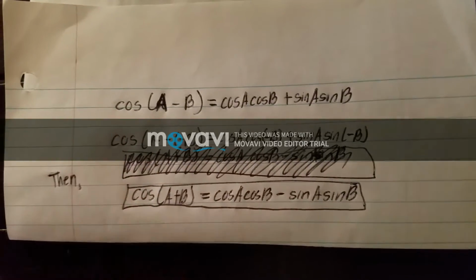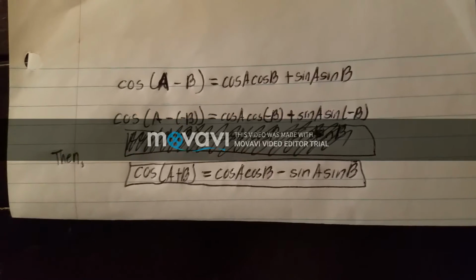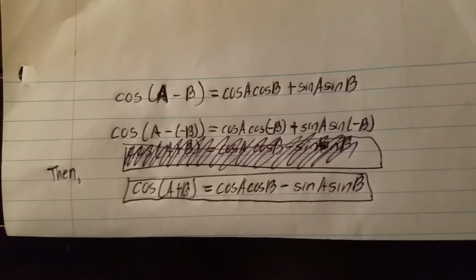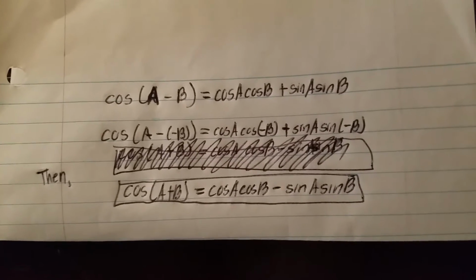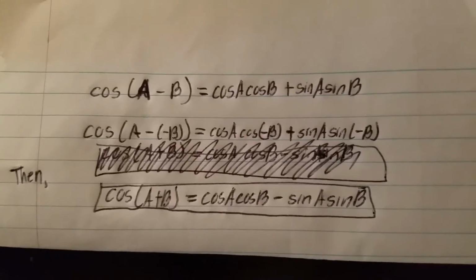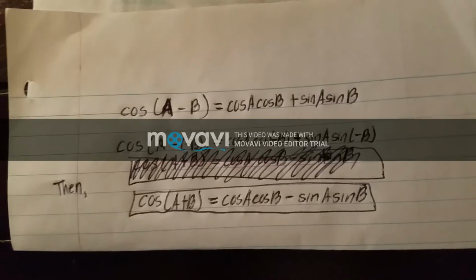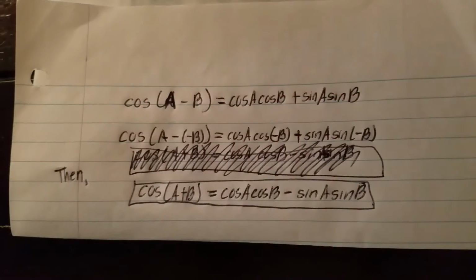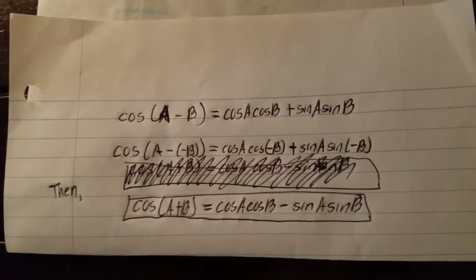From what we got earlier, cosine (A minus B) equals cosine A times cosine B plus sine A times sine B. So with that, we're just going to replace positive B with negative B, so we could get its counterpart, cosine (A plus B). So all we do is replace all the positive B's with negative B's.